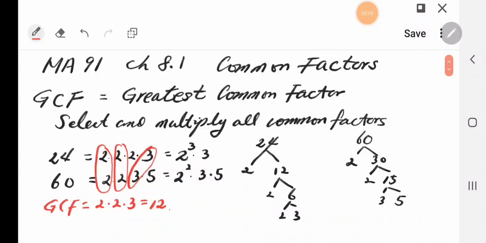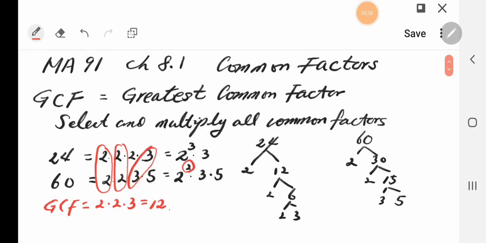So from this, we select the smallest exponent, because that is the number of common factors. 2 occurred twice in number 60, and 2 occurred 3 times in number 24, so the common part is only two 2's.